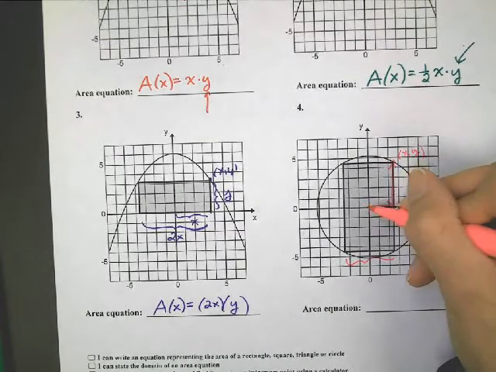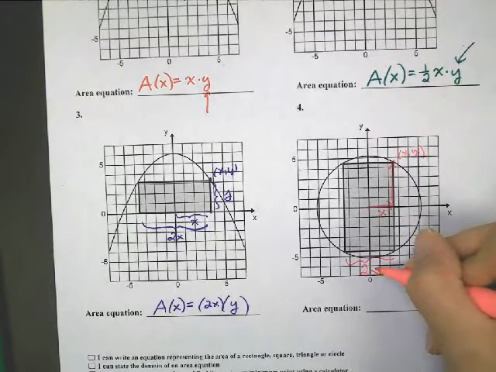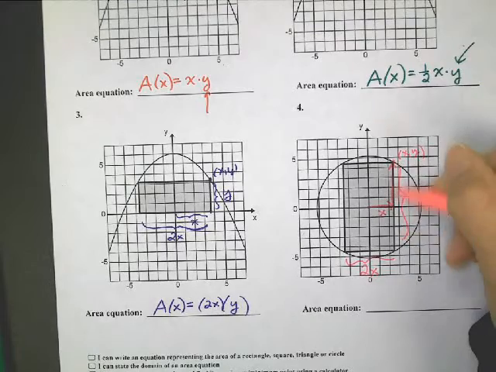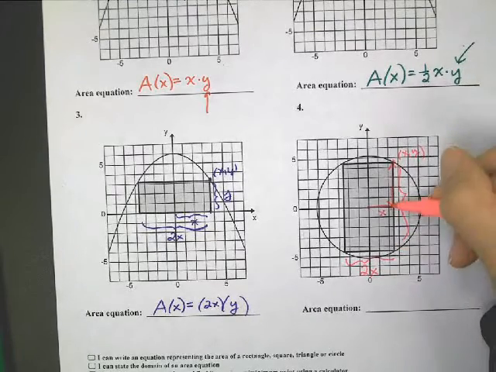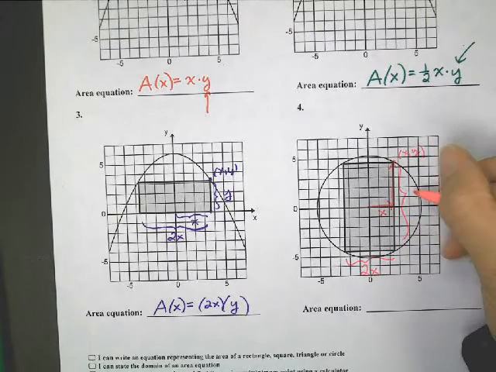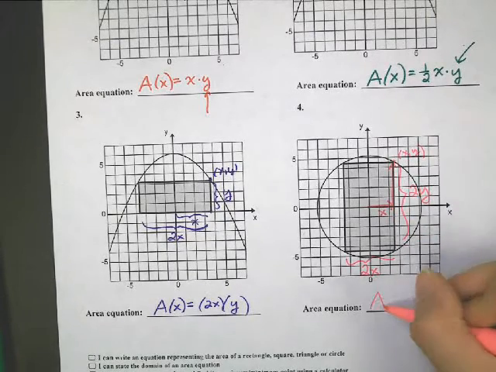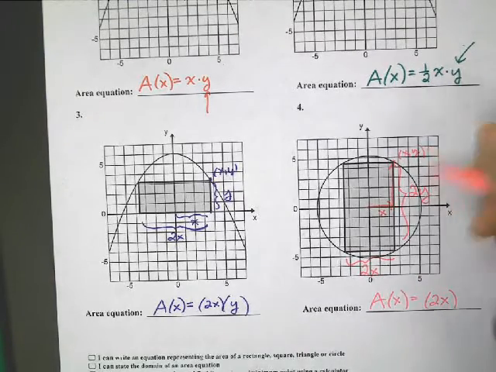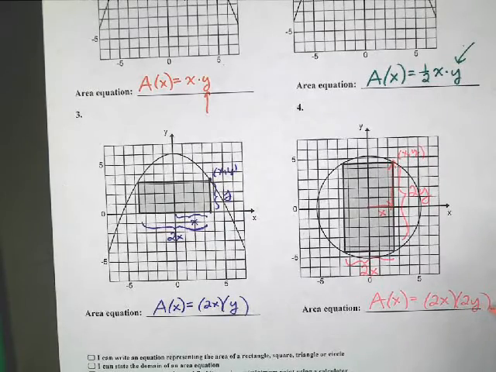Here's x, x to the right, x to the left, so the base is 2x. And then what's the height of this rectangle? Well, it's not just y because it goes y up and y down, so the height is 2y. So the area, A of x, of this rectangle would be base, which is 2x, times height, which is 2y.